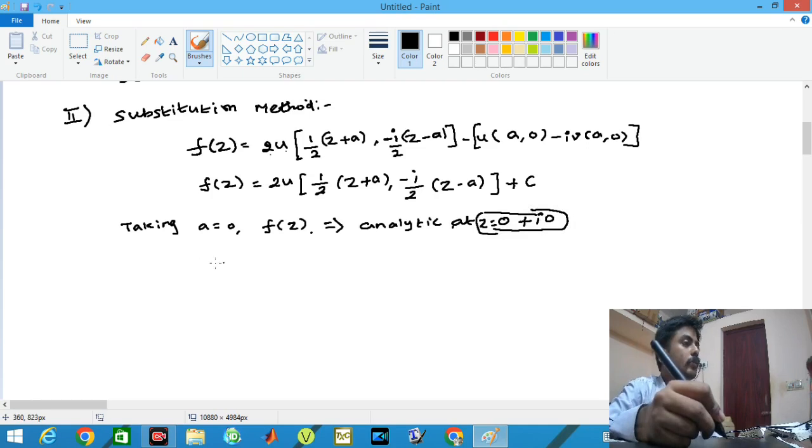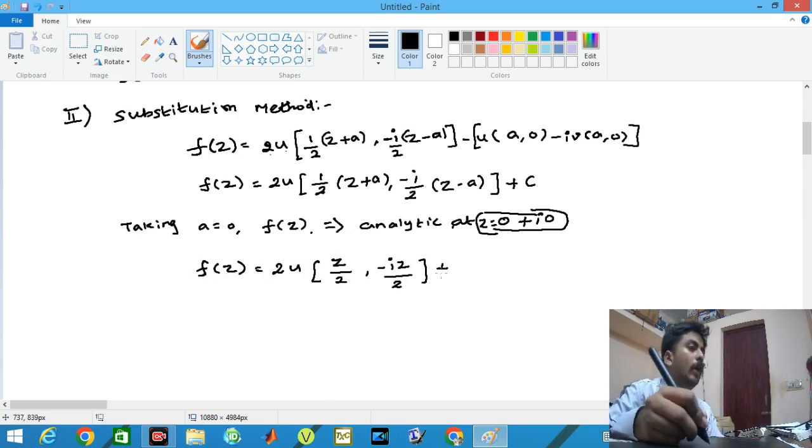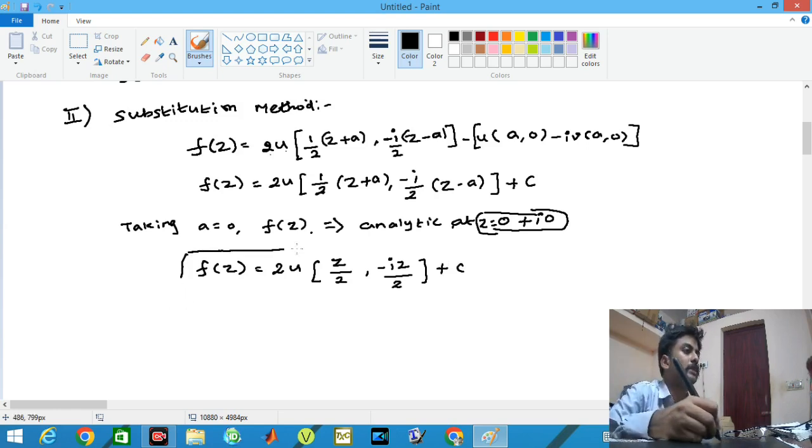Okay, so now what will we get? f of z equal to 2u of z by 2 comma minus i z by 2, then plus c constant. So this is the required formula, this is our f of z.